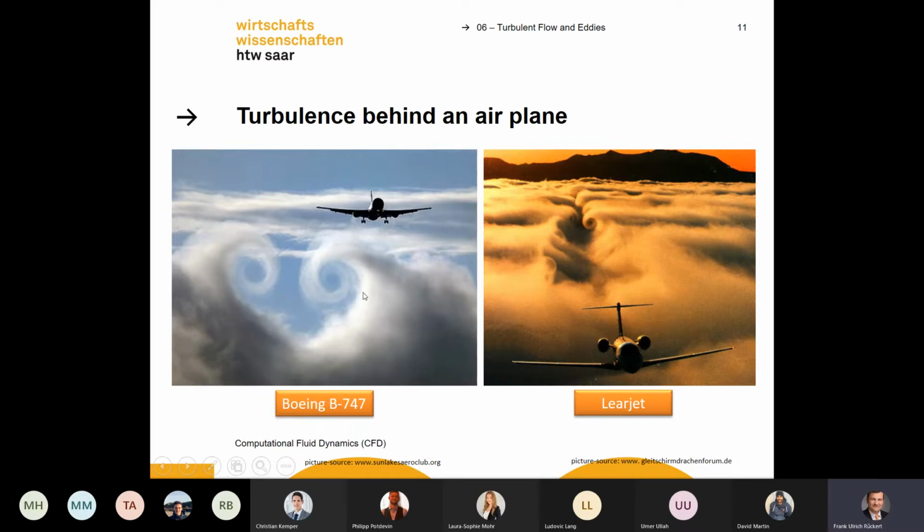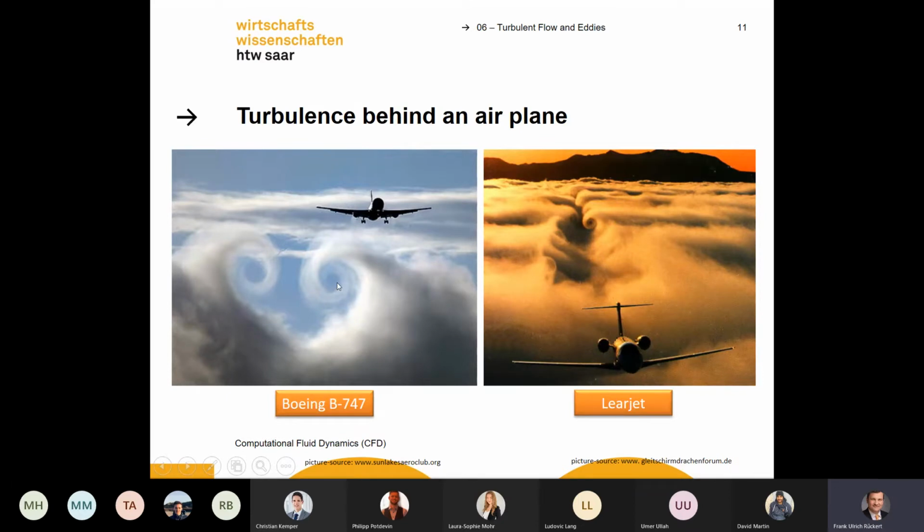These clouds are influenced by swirls. Normally you cannot see these swirls. This was a really special case where the airplane flies directly over the clouds, and the swirl mixes the clouds together with the fresh air, and this forms these swirls.